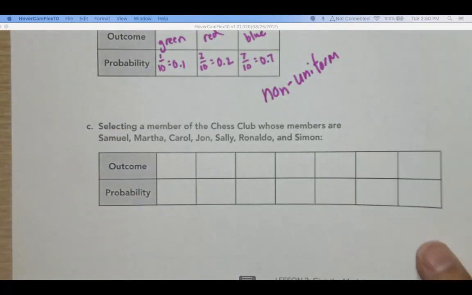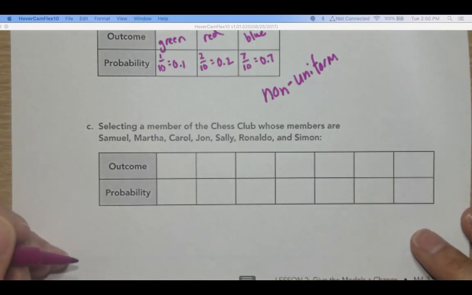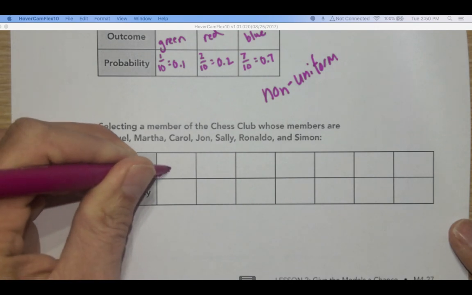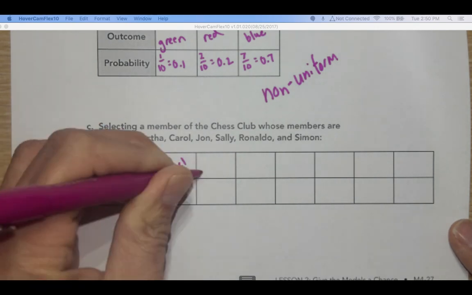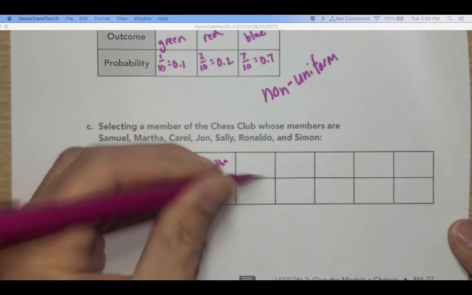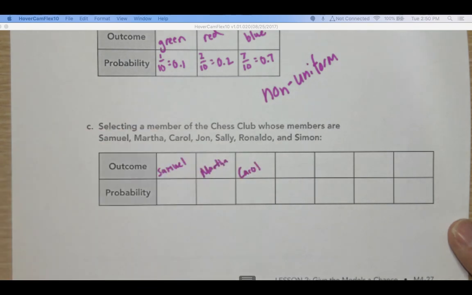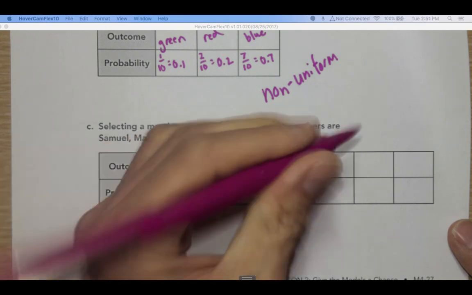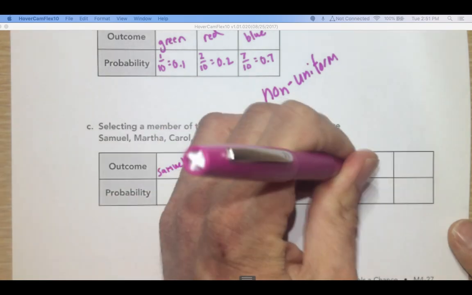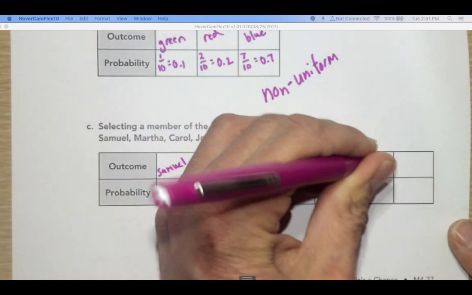C, selecting a member of the chess club whose members are Samuel, Martha, Carol, John, Sally, Ronaldo, and Simon. 1, 2, 3, 4, 5, 6, 7.